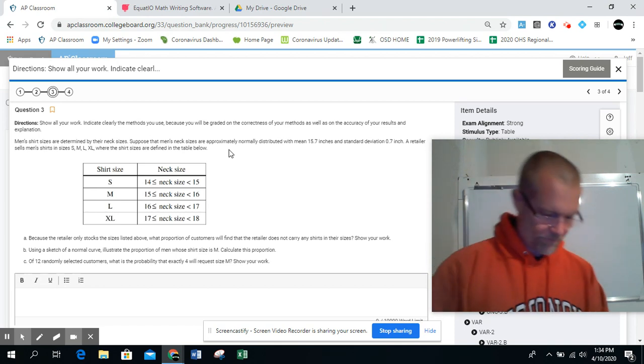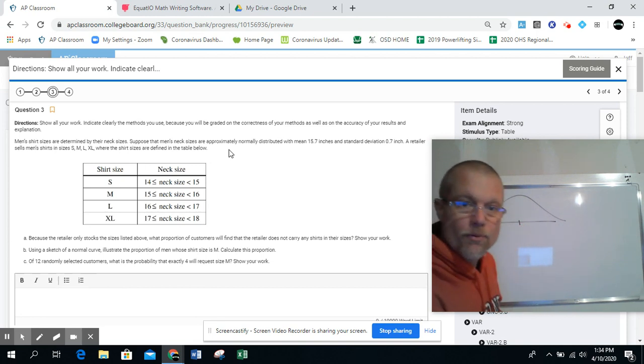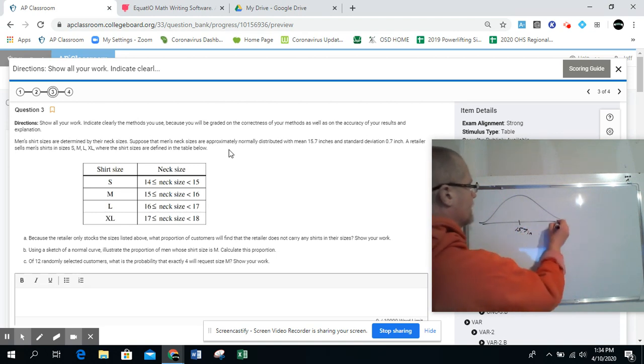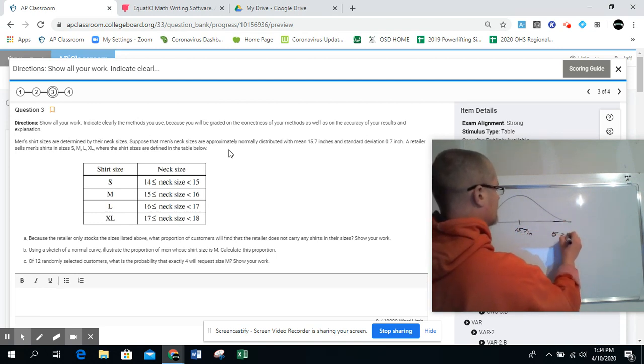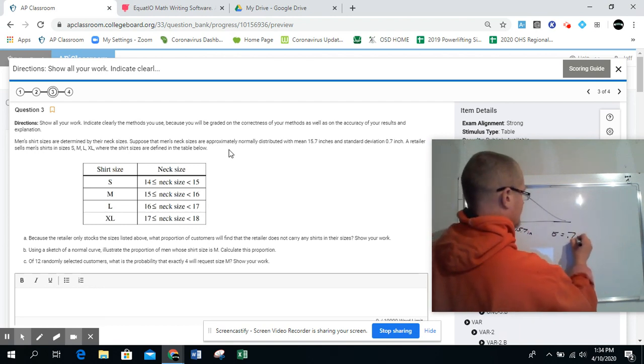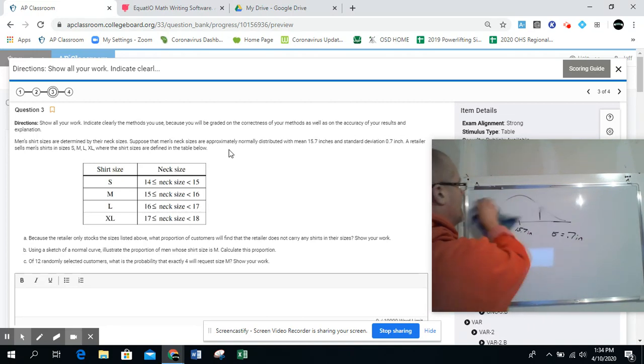Show your work. Okay, well, here's all men. Normally distributed neck sizes with 15.7 in the middle and a standard deviation of 0.7 inches. So that means that out here at this curve and out here is kind of a bad normal curve.